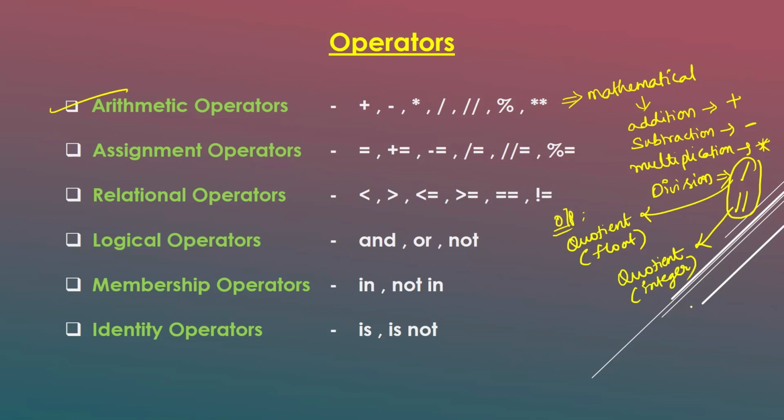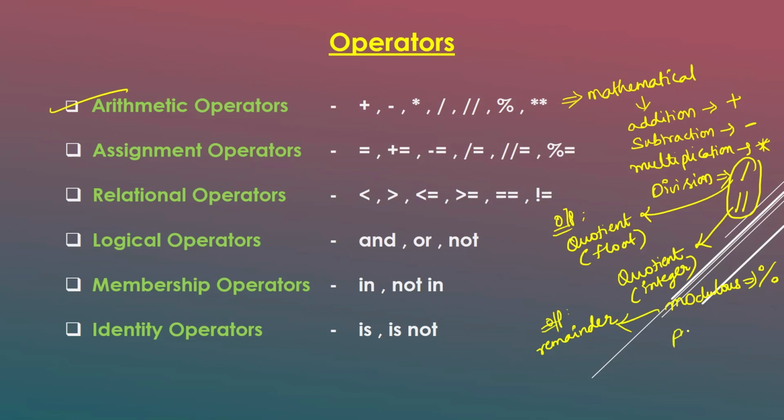If you want to perform modulus, we will make use of the percentage symbol. When you apply this operator on the operands, nothing but variables, we get the output as a remainder. This is also one kind of division only. So in division, we have two kinds of outputs, quotient and remainder. When you use these two symbols, we get the quotient. When you use the modulus operator, we get the remainder.